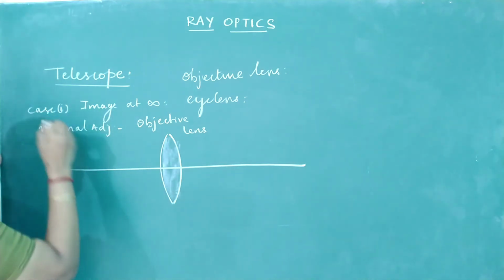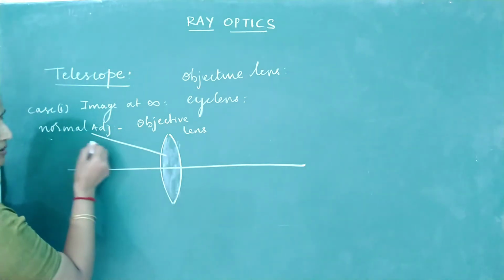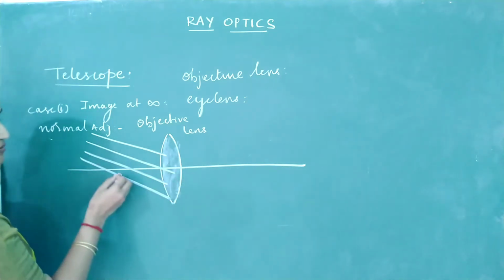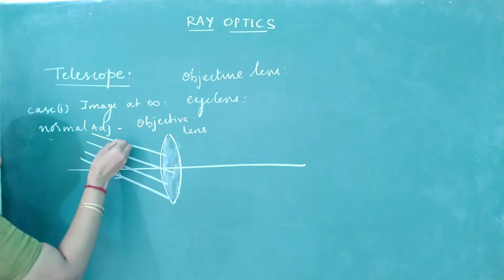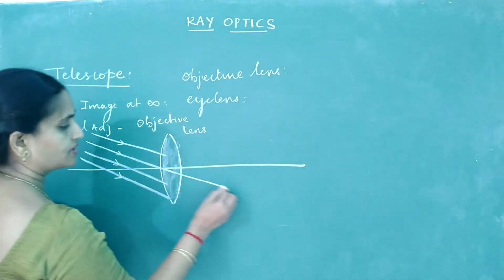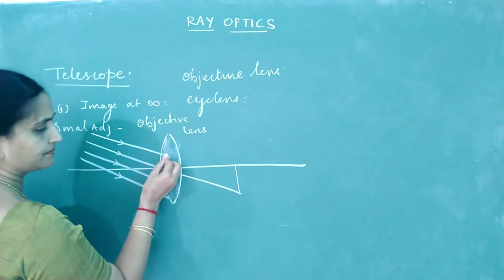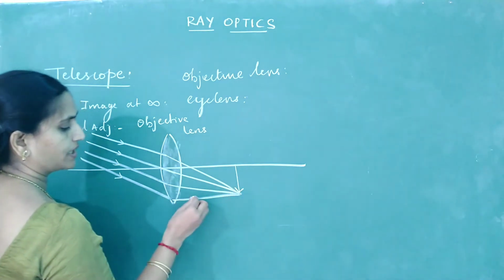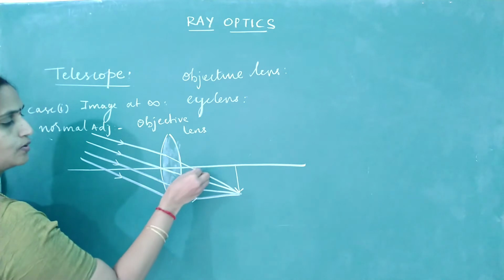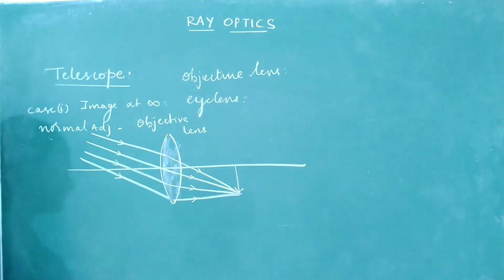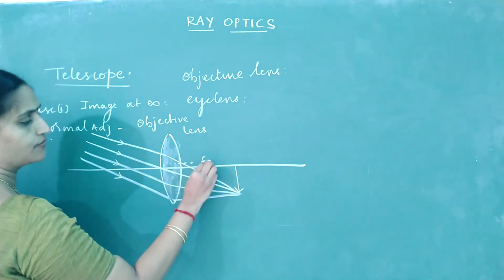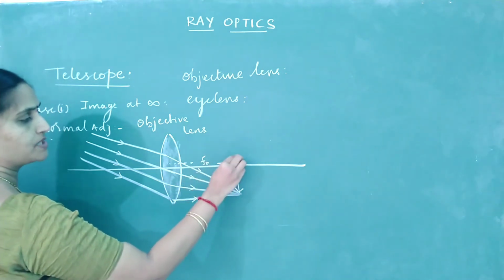Since the object is at infinity, the rays coming from infinity, a parallel beam of rays from a distant object, will come and converge at the focus. This is where you get an inverted image, which is at a distance of f0, the focal length of the objective lens.